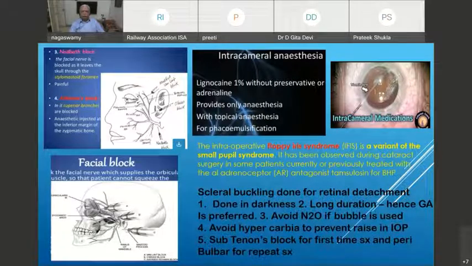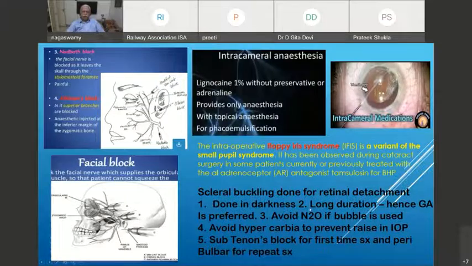Then scleral buckling is done for retinal detachment. Sometimes, instead of asking the same thing about cataract, suddenly they change over to retinal detachment, the problems in anesthesia for retinal detachment. It is usually done in darkness because they use a focusing light, and it is of long duration, so mostly done under GA.